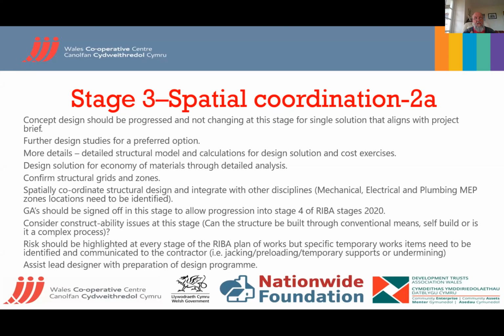You confirm the areas where the services run, so that you don't knock holes through a wall and find a pipe there. And the GAs are called general arrangement drawings, so that they're all coordinated. If an M&E mechanical engineer comes in, he knows what structure he's going to be going through.